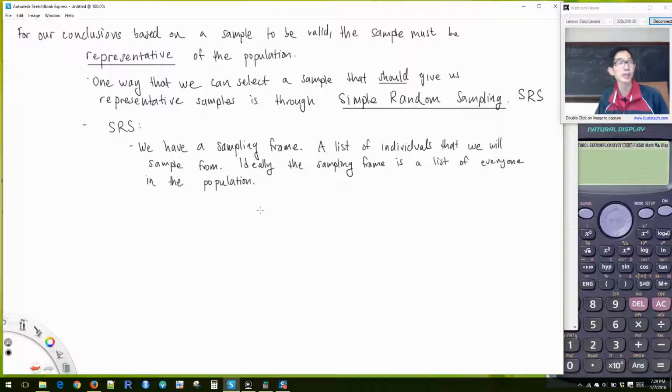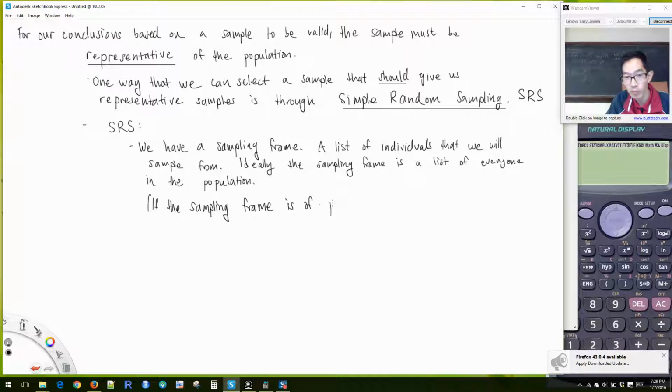So if the sampling frame is of poor quality, your sample will suffer.